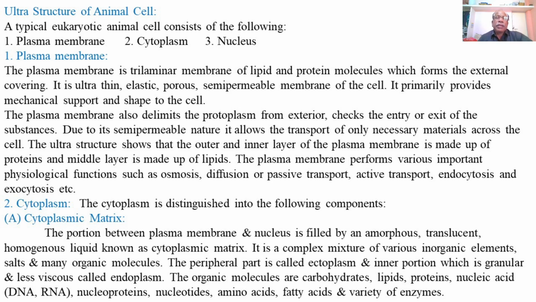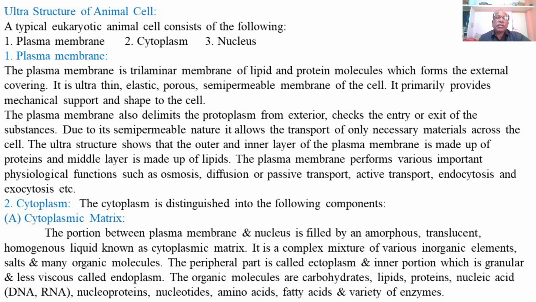The plasma membrane also delimits the protoplasm from the exterior, and checks the entry or exit of substances. Due to its semi-permeable nature, it allows the transport of only necessary materials across the cell.